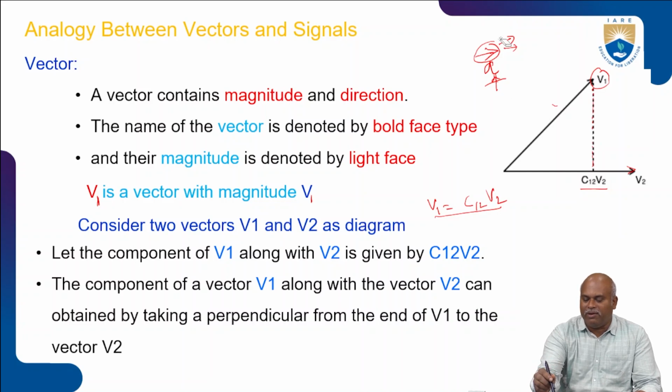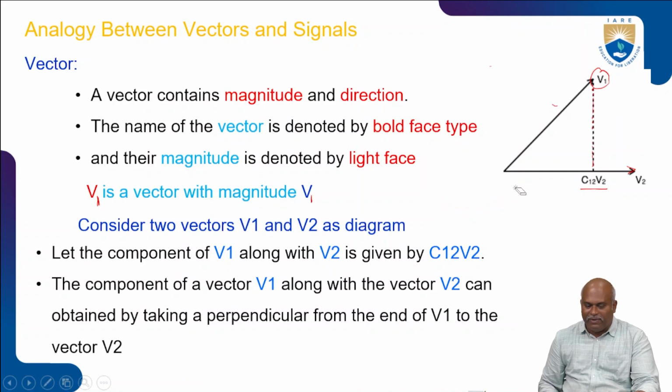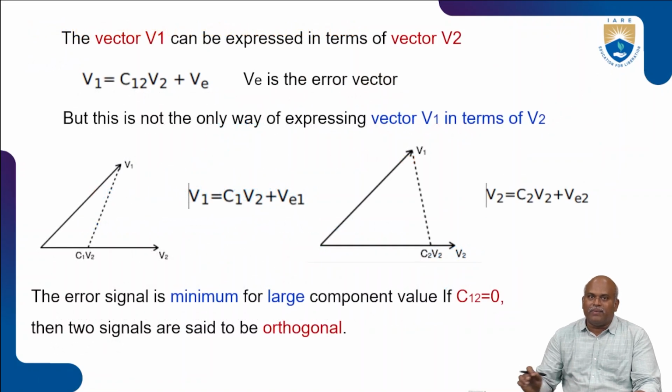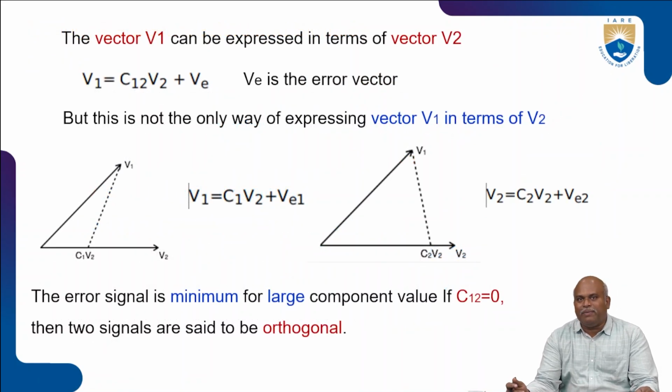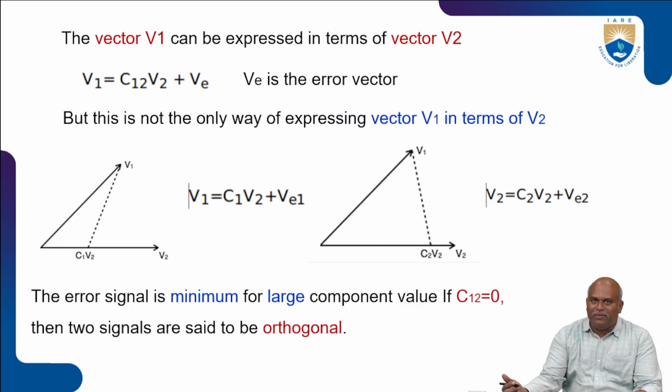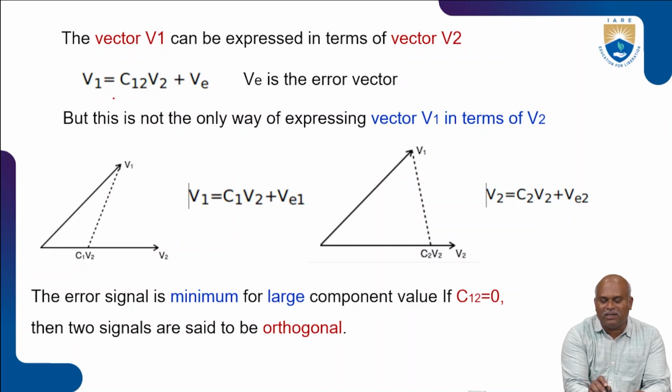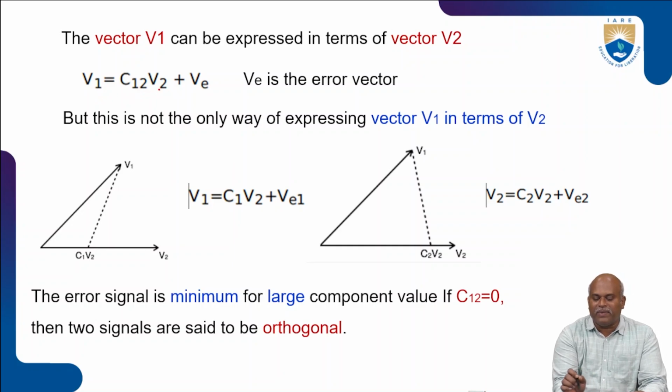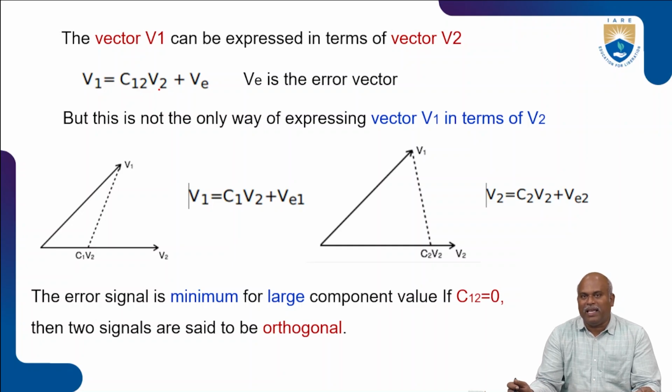Now we go for the analysis of the analogy between vector and signal. The vector V1 can be expressed in terms of V2. We may represent V1 is equal to C12 V2 plus Ve, where Ve is represented as an error vector.